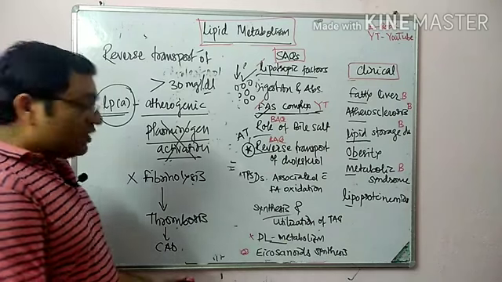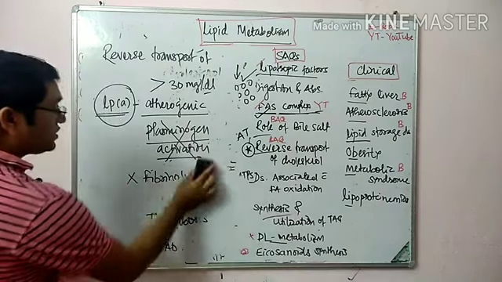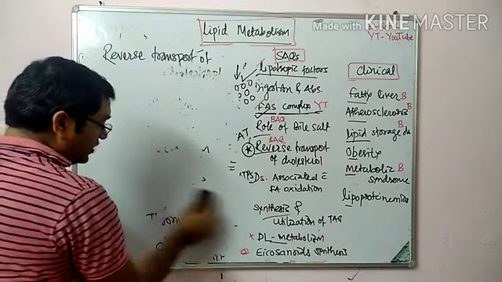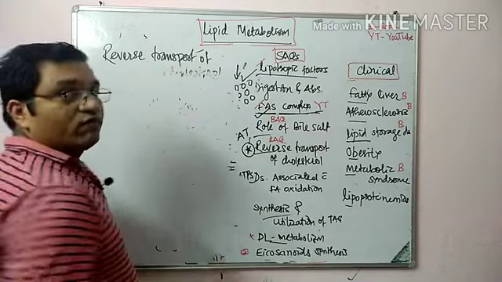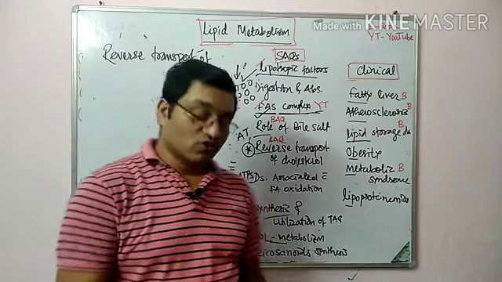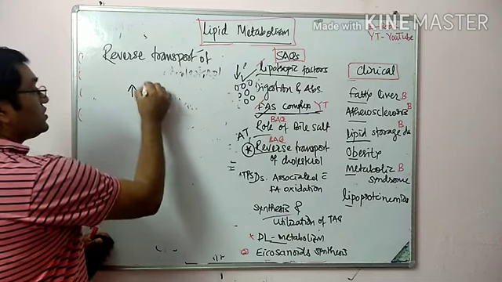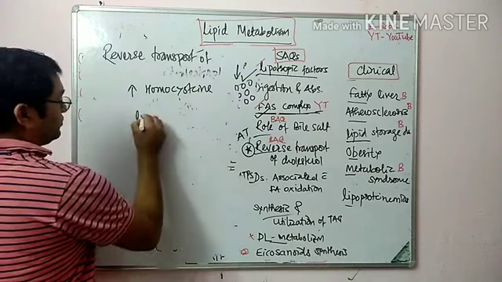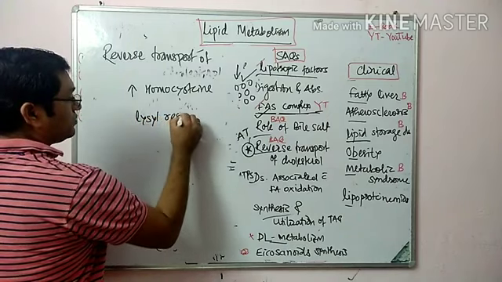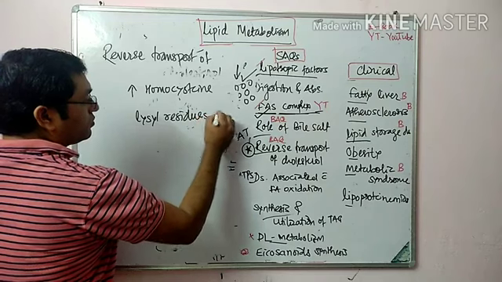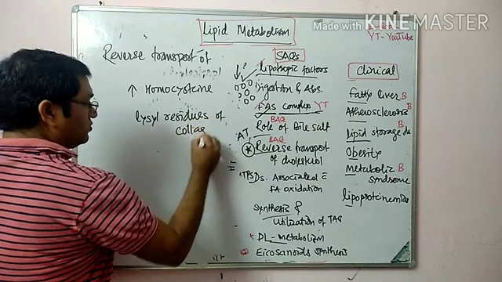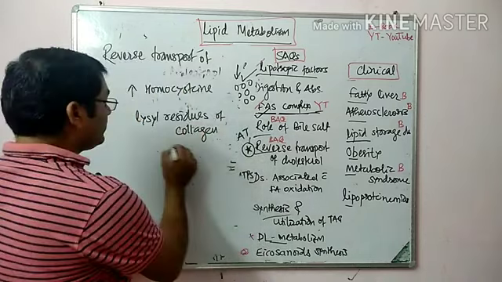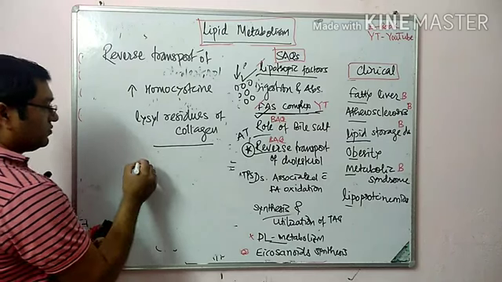Again, we will discuss one question: why is homocysteine responsible for cardiovascular episodes? An increase in homocysteine interferes with the residues of collagen, and it interferes with collagen cross-linking.